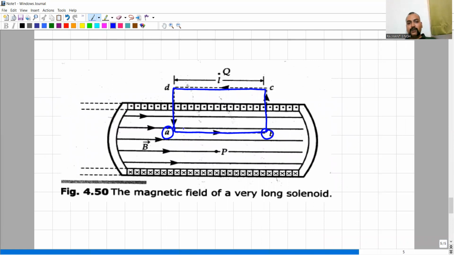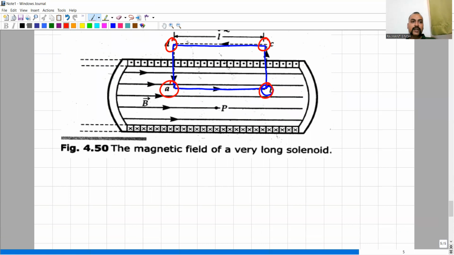So in our Amperian loop, we can very well see that this loop has four segments. Okay, the segments A to B, B to C, C to D, and D to A. There are four segments of this Amperian loop, and we are going to solve each segment individually. Solve each segment individually means we are going to consider individual integration of each of these segments.